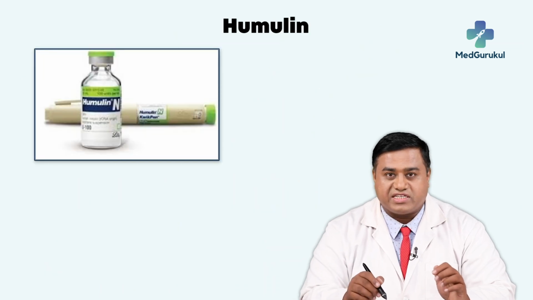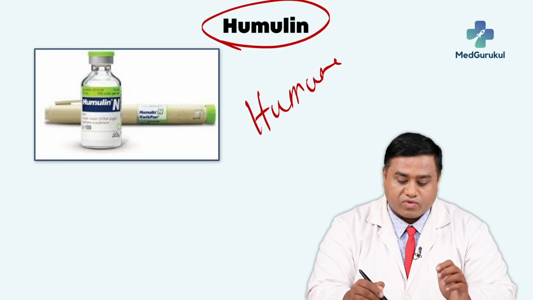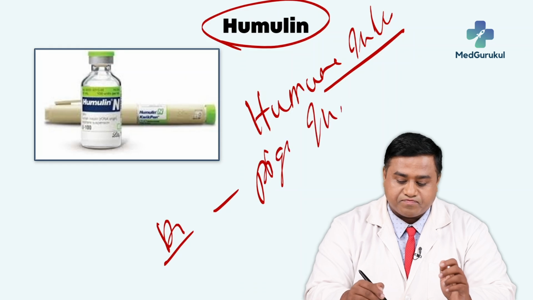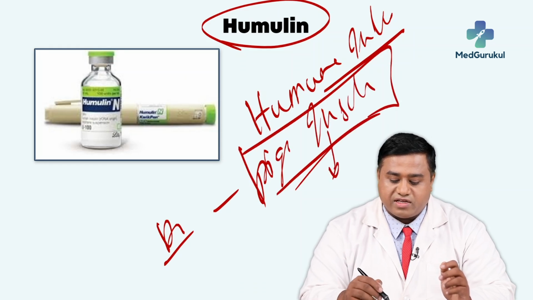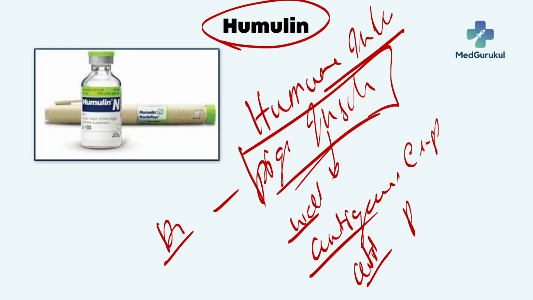The best known example is humulin, that is human insulin. Initially for the diabetic patient, pig insulin was used. We know that pig insulin is well tolerated in humans, but still there is antigenic exposure that might lead to development of antibodies against the pig insulin, which is called porcine insulin.